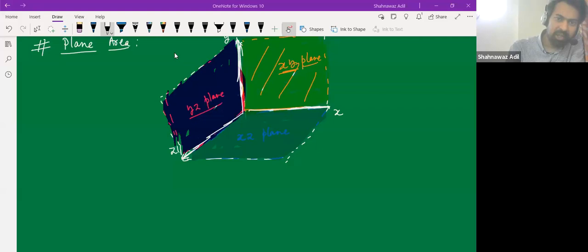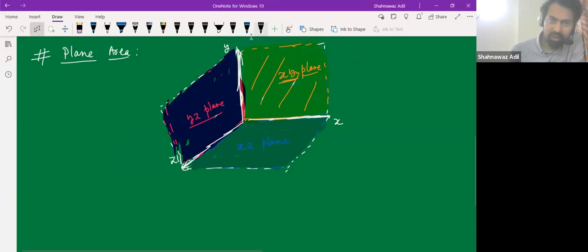Similarly, if you take a YZ plane, I'm talking about these directions because these are very important in flux. Normal to XY plane is k hat.